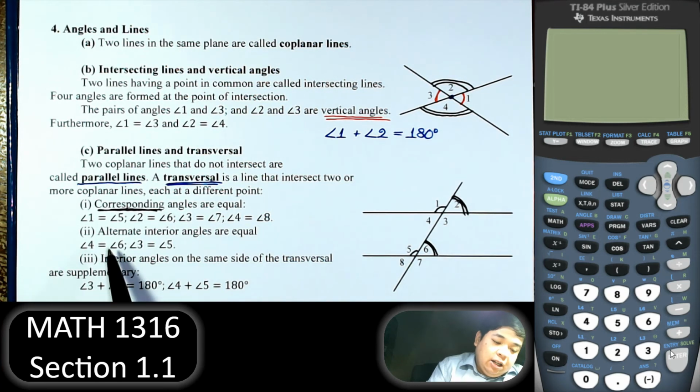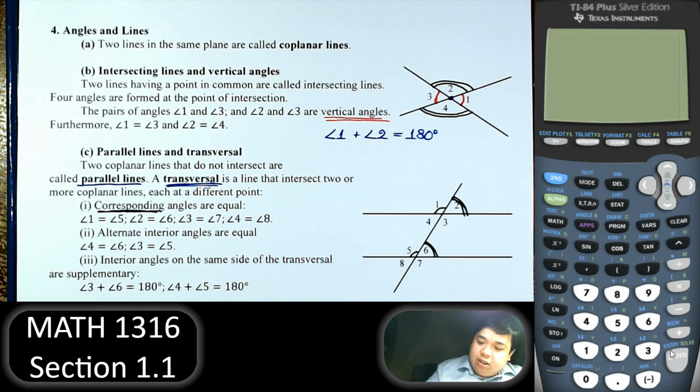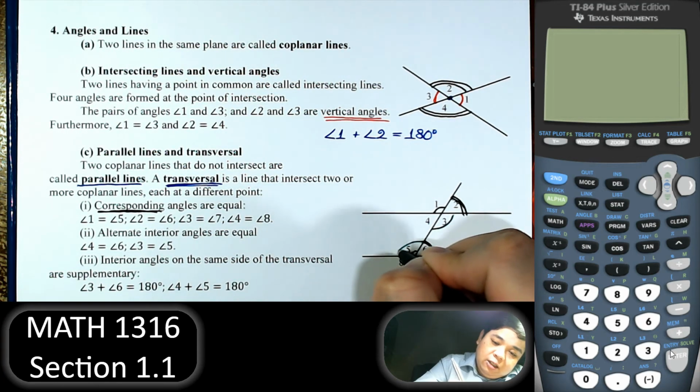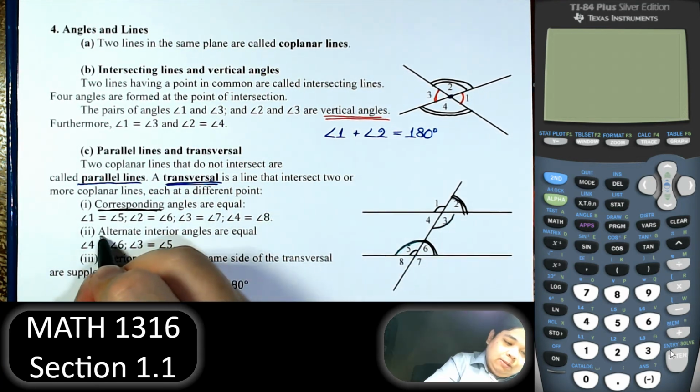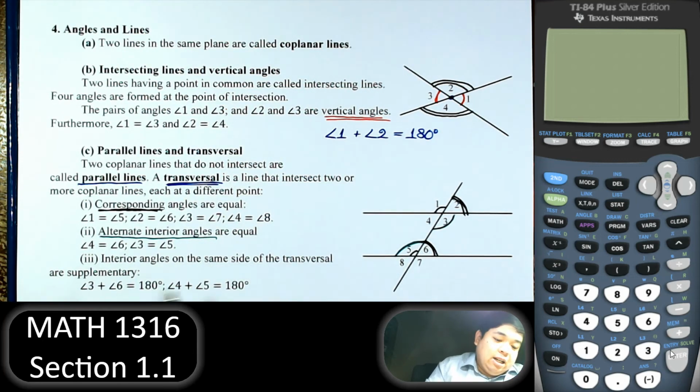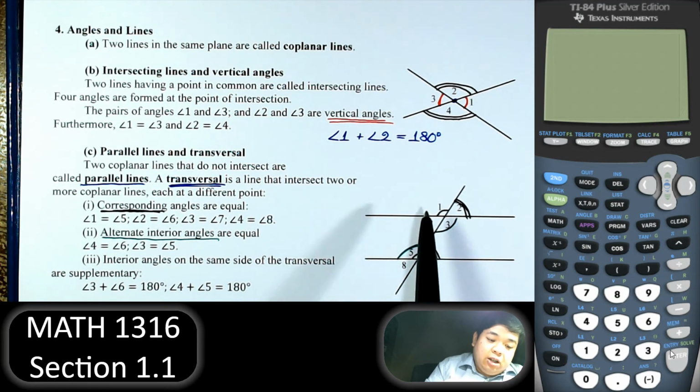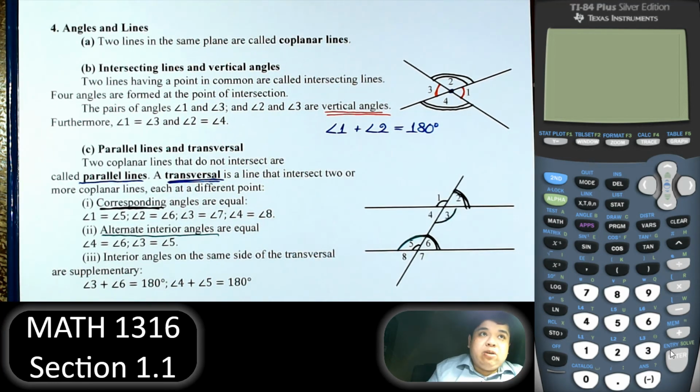Next, the alternate interior angles. So that means it is inside, interior, but it is alternate. And they are also equal. Of course, 4 and 6 also are equal because those are alternate interior angles.